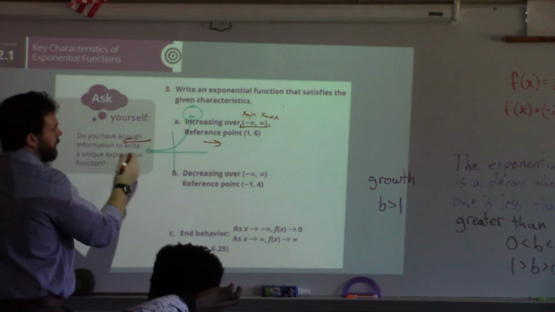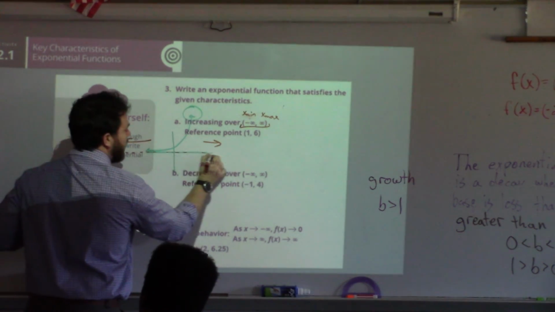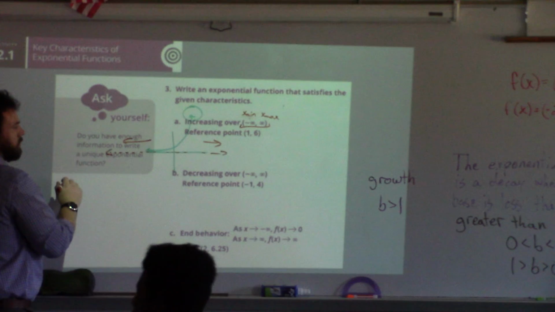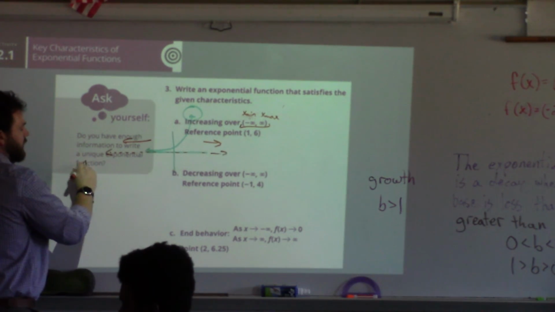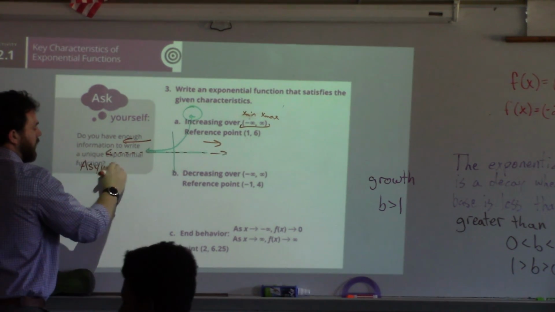Say that one more time, DJ. 0. This right here is known as an asymptote. This is a keyword on your graphic organizer.